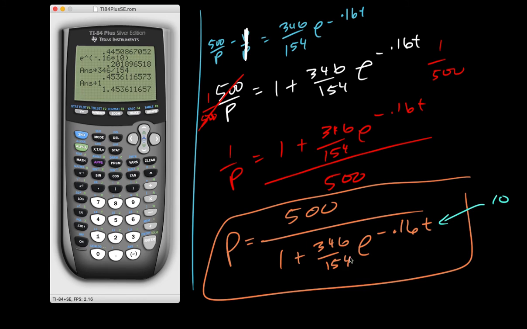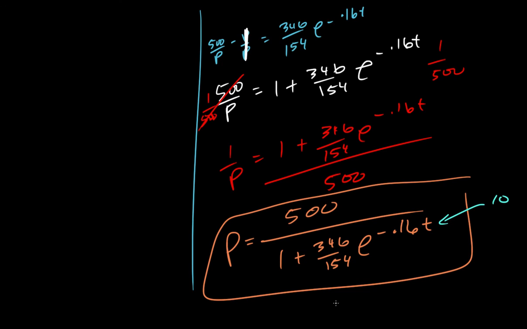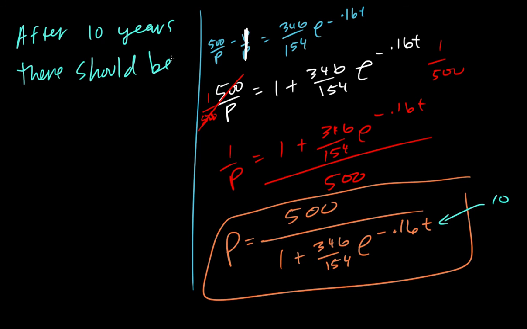Alright, so that's the bottom of my fraction. So now I'm just going to go 500 divided by my previous answer, and we end up with 343.97. So if we round to the nearest person, that's 344 people. So after 10 years, there should be 344 people.